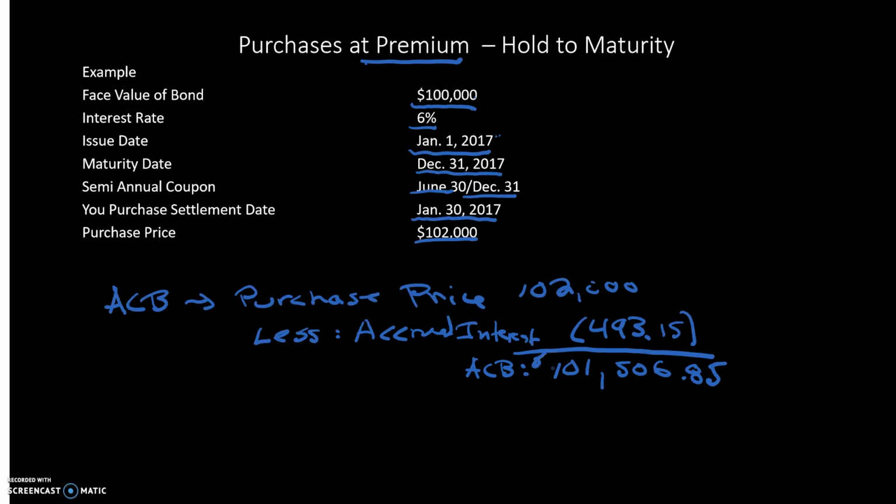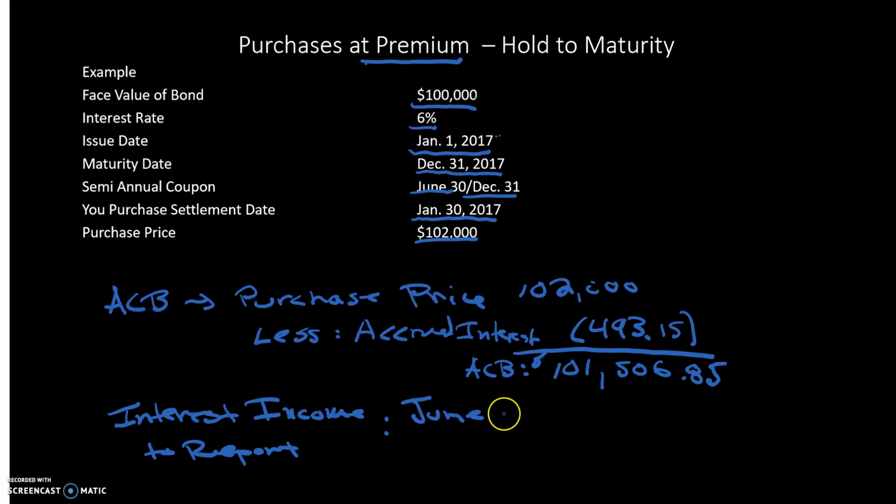Now the second step is, again, what the interest income to report during the year will be. Just like in the previous example, we had a June 30th payment, and that was $3,000. We had a December 31st payment, and that was another $3,000.